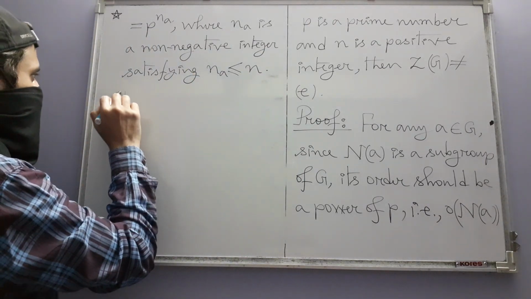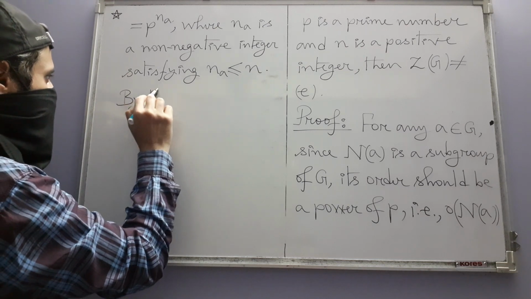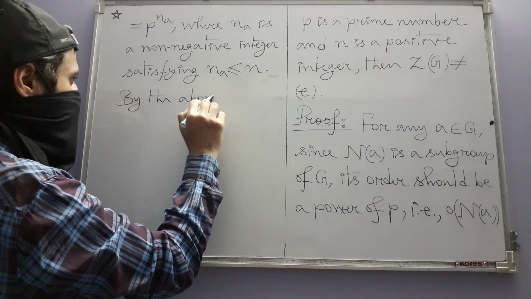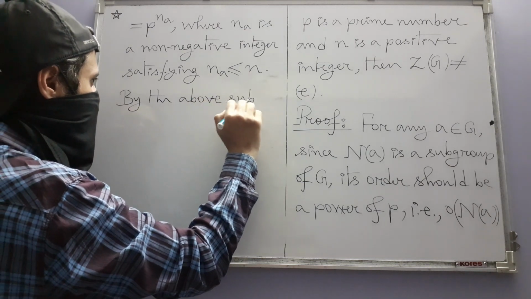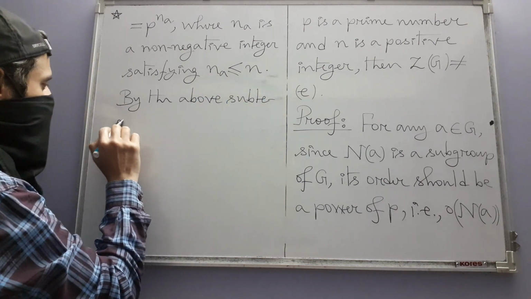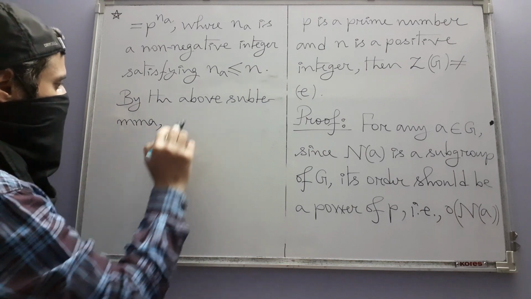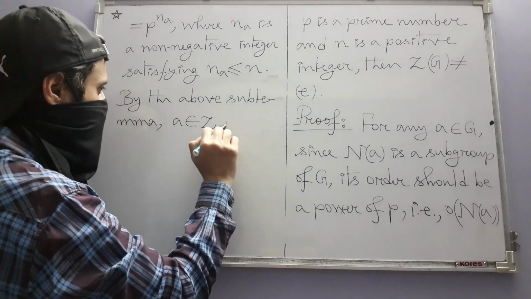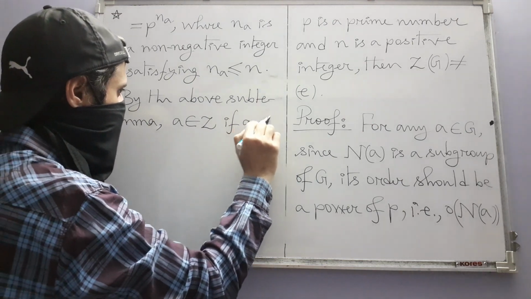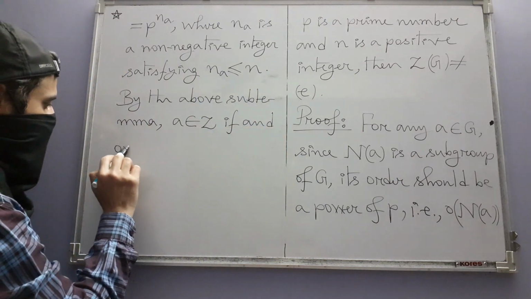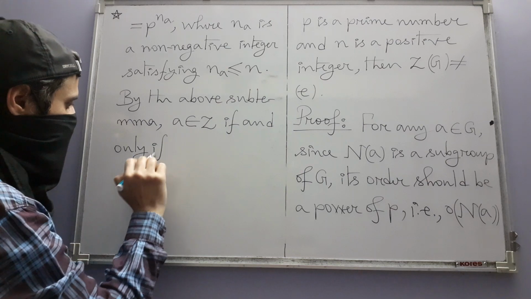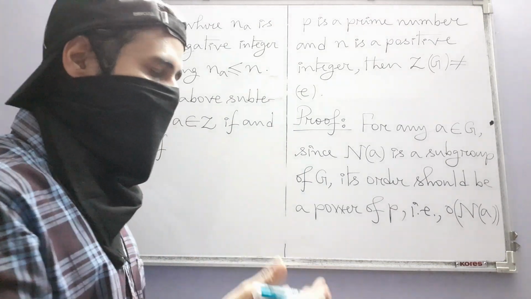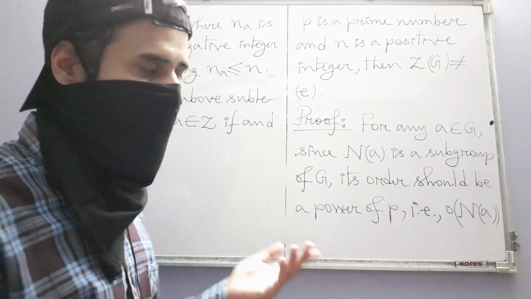Now, by the above sub-lemma, A is a central element if and only if the order of the normalizer of A is equal to the order of G. We have just now seen that.